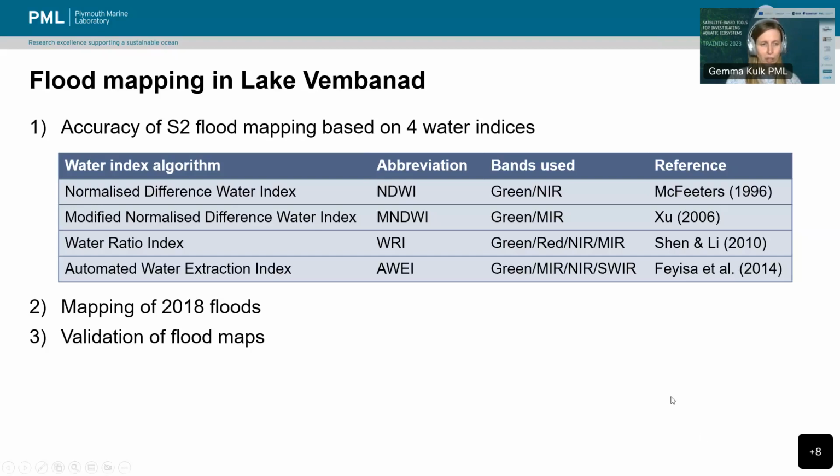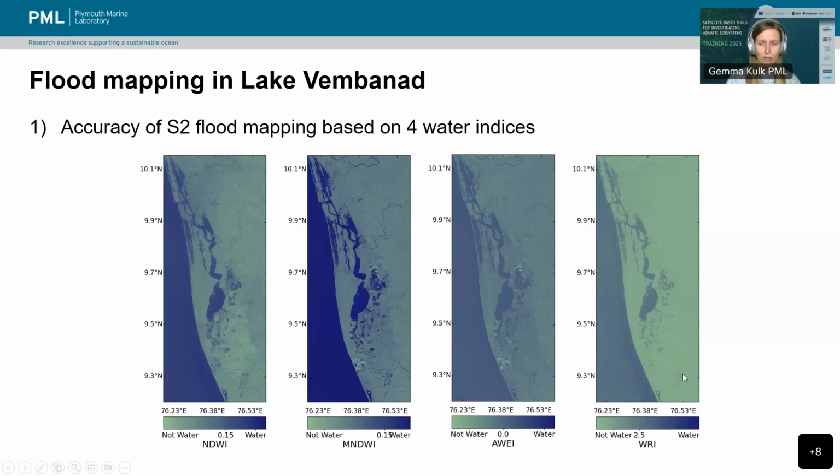So just to show you an example of the different algorithms after processing of the data, here are the maps of the 4 water indices, from left to right, the NDWI, the modified NDWI, the AWEI, and the WRI.